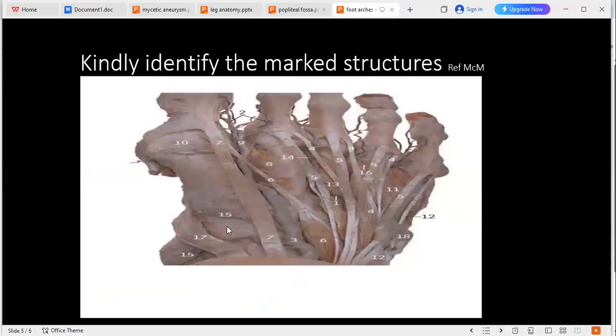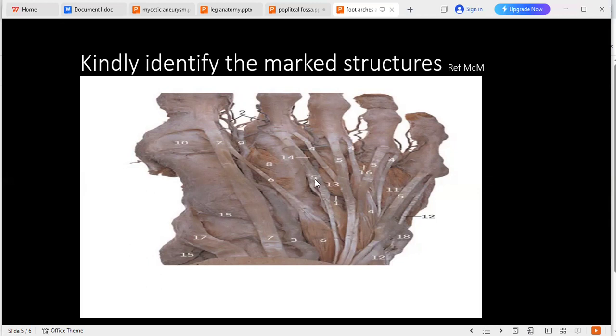Please tell me what you are looking at. This is the dorsum of the foot. Can you identify the structures? Number 7. This is extensor hallucis. If you can identify 6. It is extensor hallucis brevis.